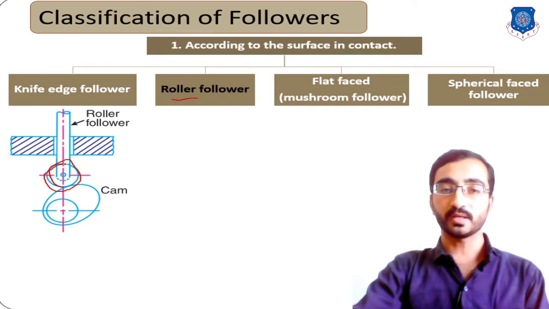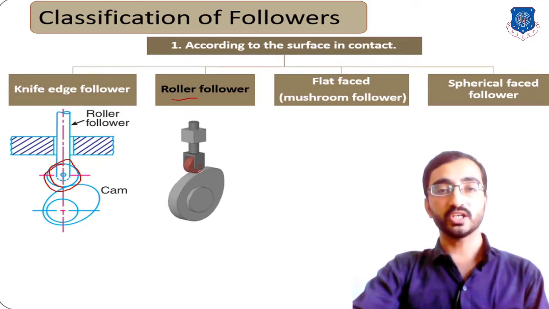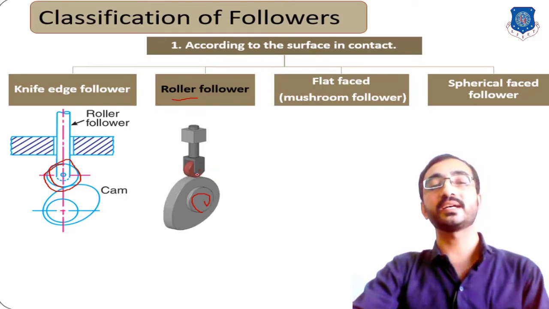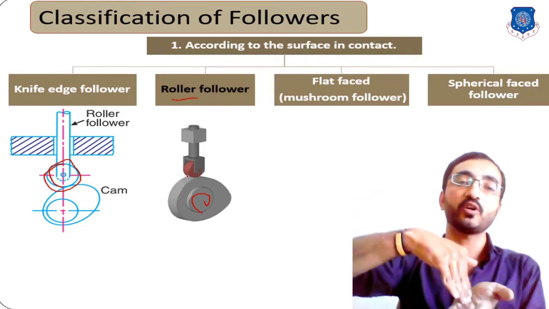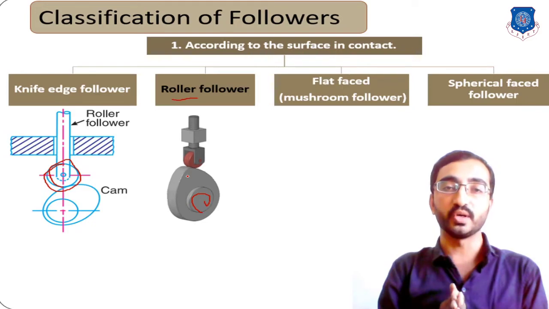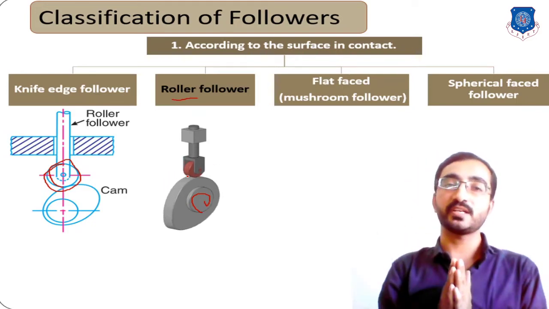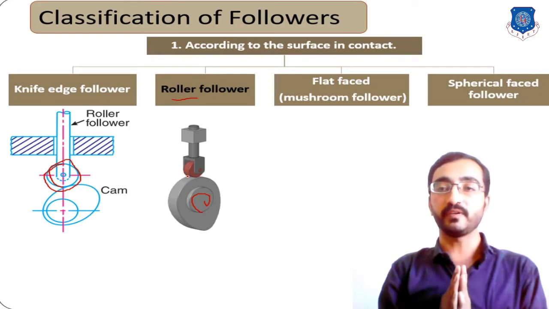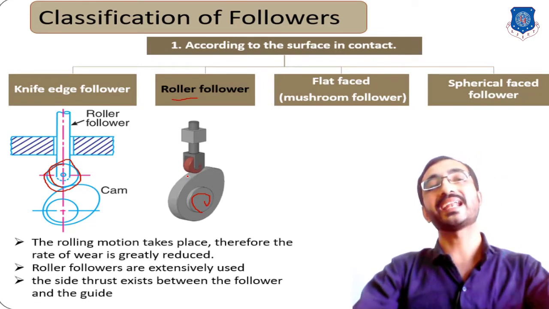Simply observe in this figure that due to the rotation of the cam, the contact between the cam and follower produces rolling action, so rolling friction will act. Compared to sliding friction, rolling friction will always have a lesser amount of wear. That's why we prefer the roller follower compared to the knife edge follower.